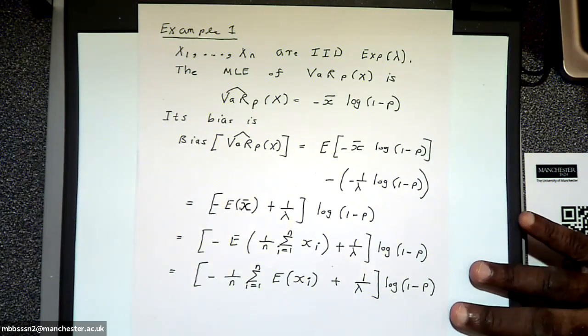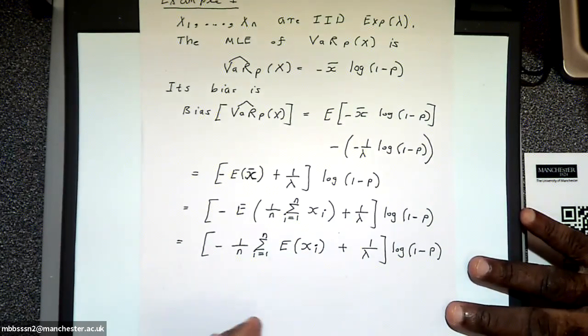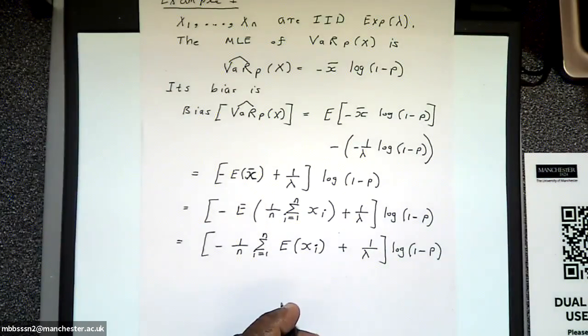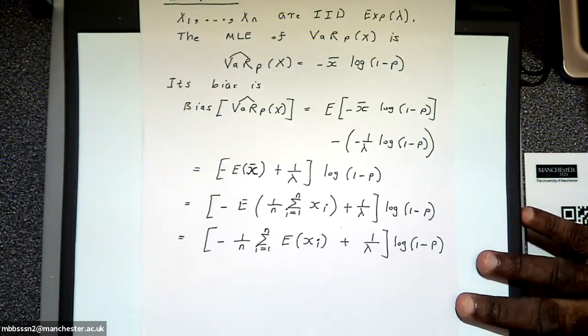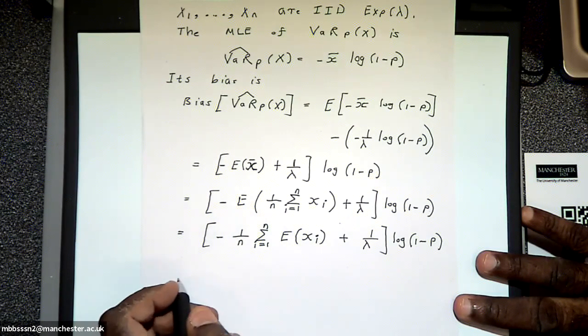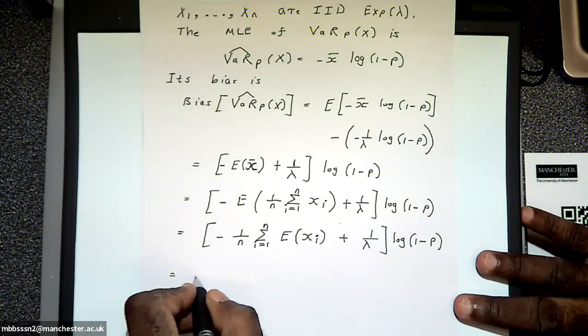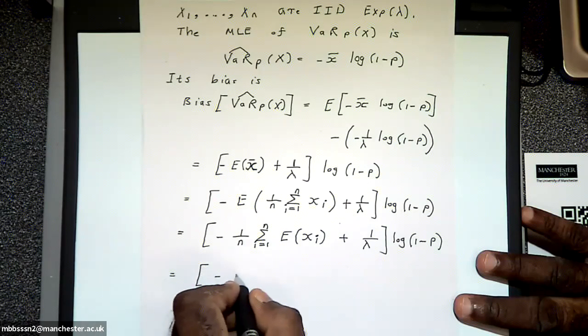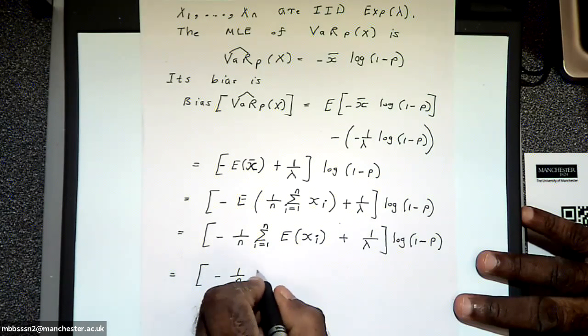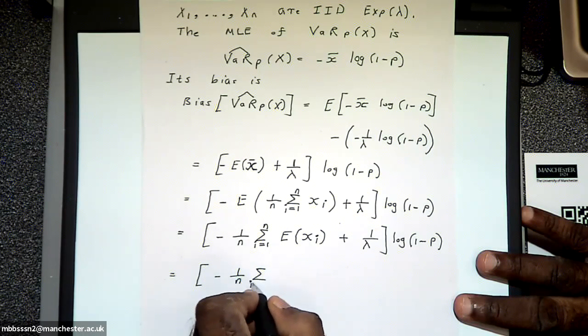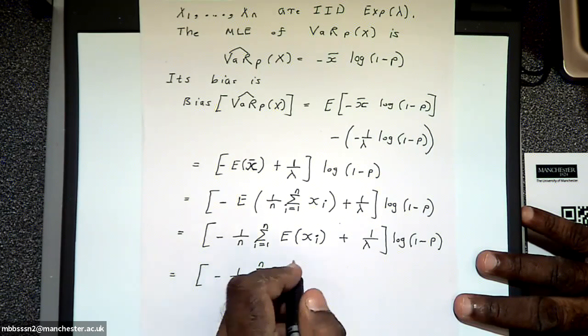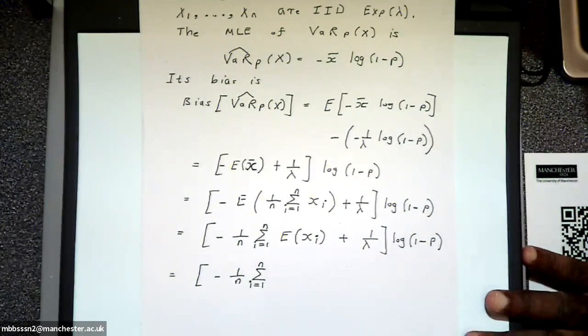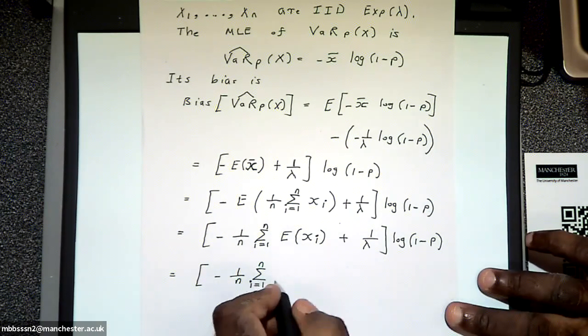You're right, Robert, it should be capital X, but for laziness I'm writing small x, right? Now you may remember from your first year that the expected value of an exponential random variable is 1 over lambda, right? So this is 1 over lambda.